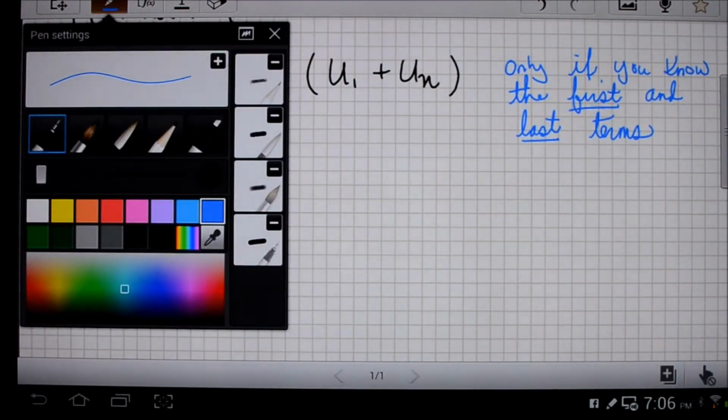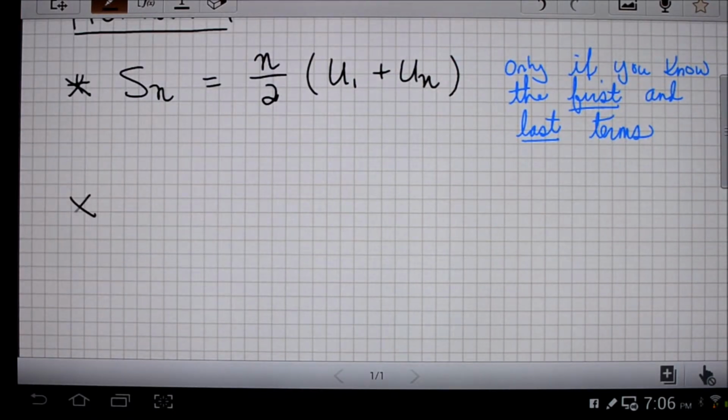It's the only time you can use this. Now, if you don't know the first or last, the formula I just gave you is by far the easier one. But if you don't know the first and last, then you have no choice but to use this other formula, which is definitely more annoying.